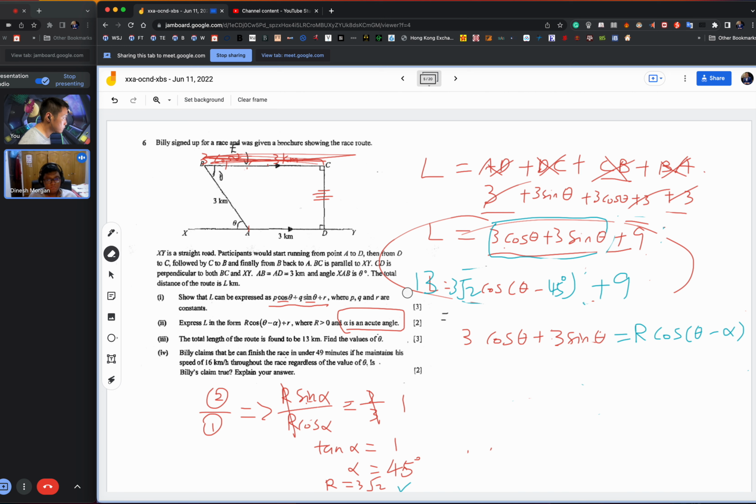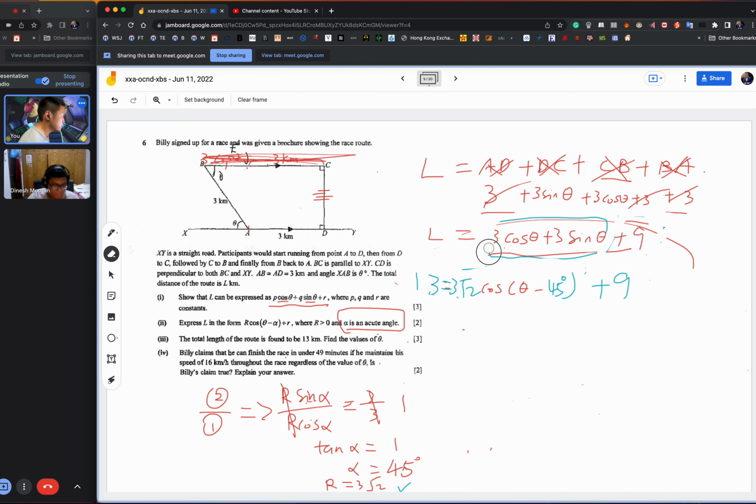Then how do you solve? Oh, by the way, this is also another question that is bound to come out. You will definitely get a question like this. Can you try to solve this? And I hope you follow how I get the alpha and the r just now.